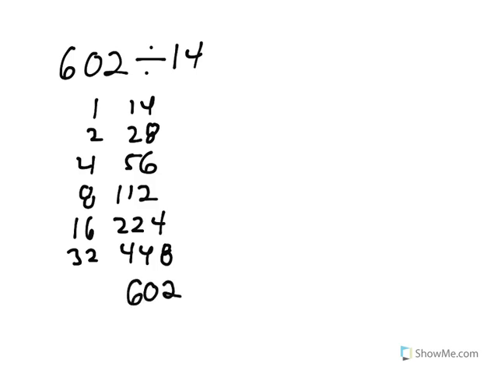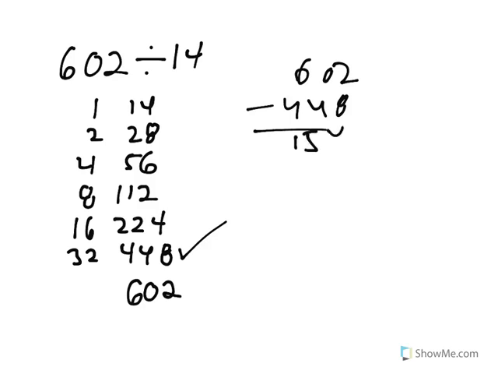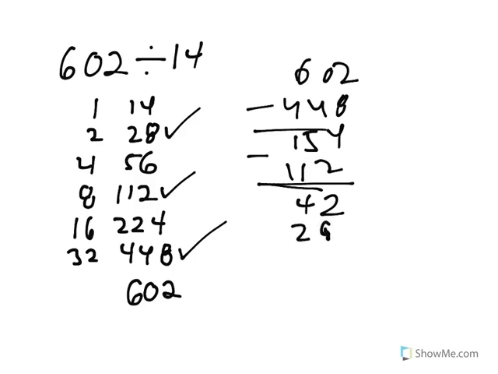Now to get 602, I'm going to look on the list for the biggest thing that's less than 602. And on the side, I'll do 602 minus 448, which is 154. Then I look for the number that's less than 154, which is 112, and I subtract that, and I get 42, and 28 is less than 42, and that leaves 14, and that's convenient because 14 is right there.